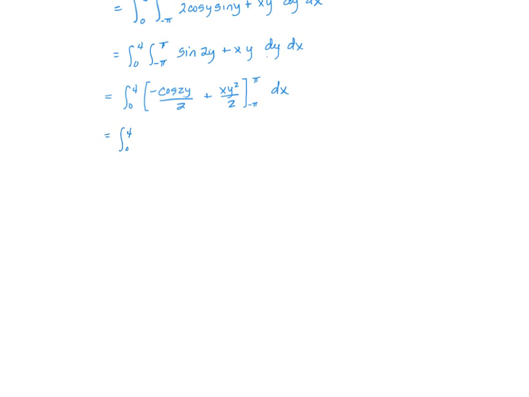Okay, so it looks like it's going to be negative 1/2 plus x pi squared over 2, minus, let's see, negative 1/2 plus x pi squared over 2.